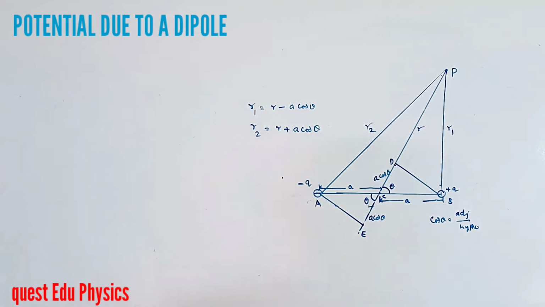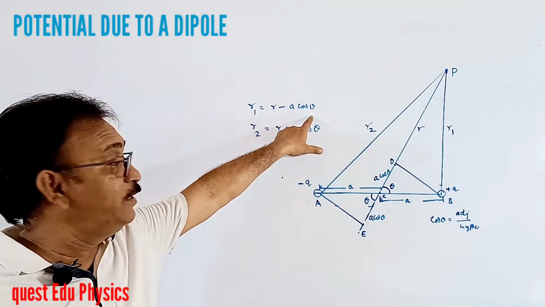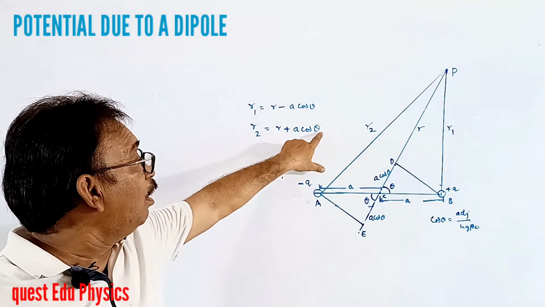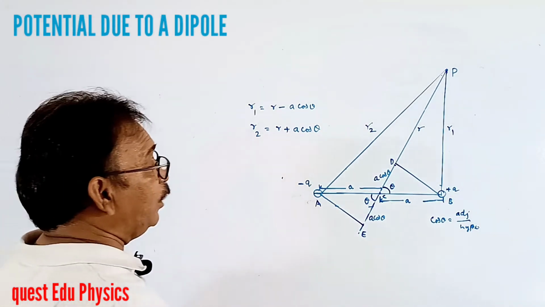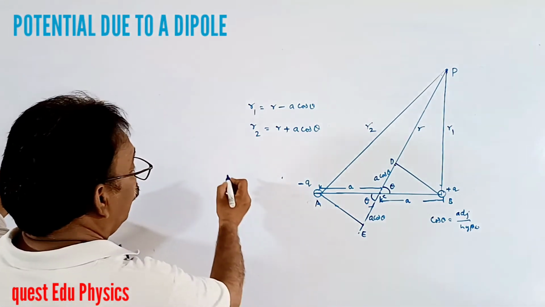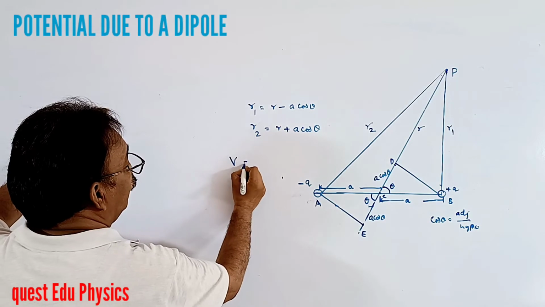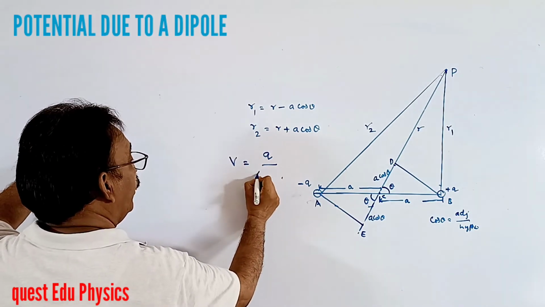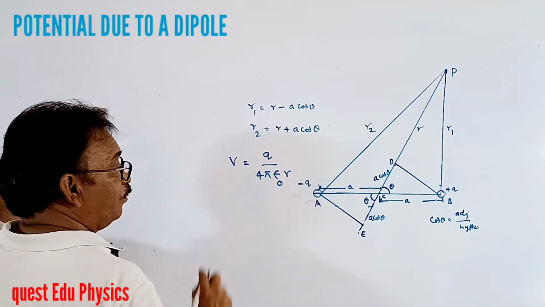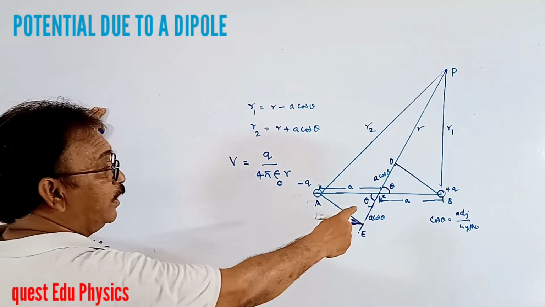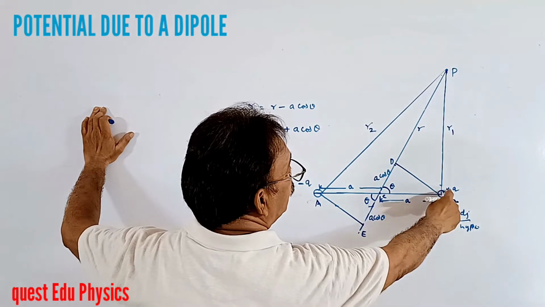R1 is equal to R minus A cos theta. R2 is equal to R plus A cos theta. Okay students, let's say we have to find out the potential, and you know that potential can be had as V is equal to Q by 4 pi epsilon naught into R. Okay students, we are finding the potential with respect to this positive charge.